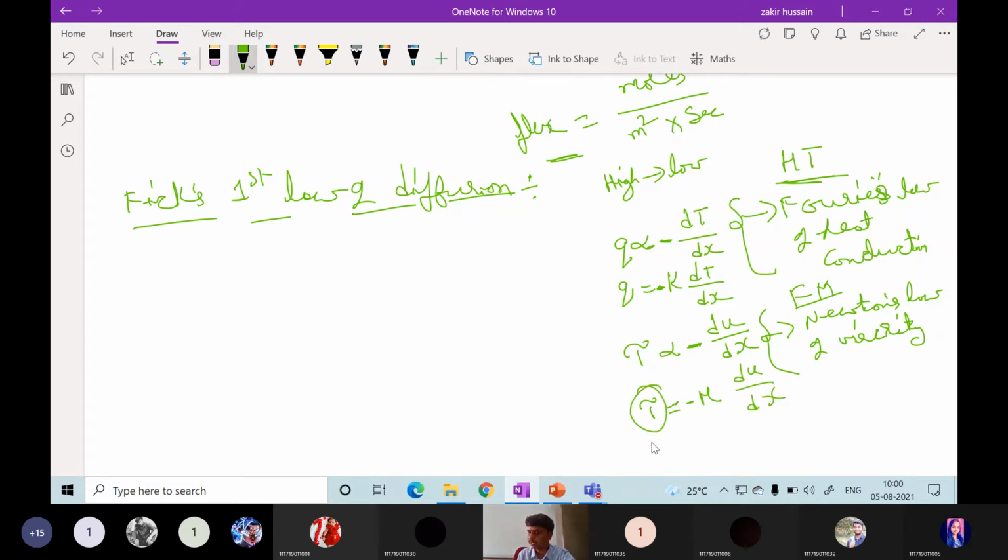So this we call the stress, and this we call the strain, or the change in velocity with respect to the change in spatial coordinate. Then this mu is the viscosity.